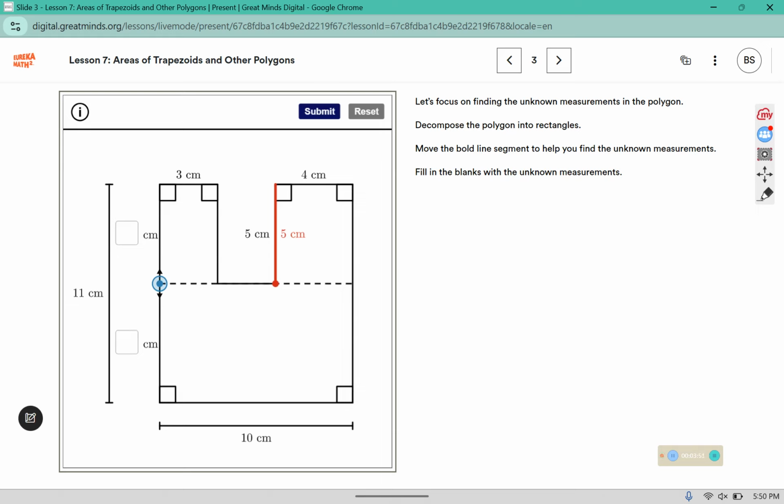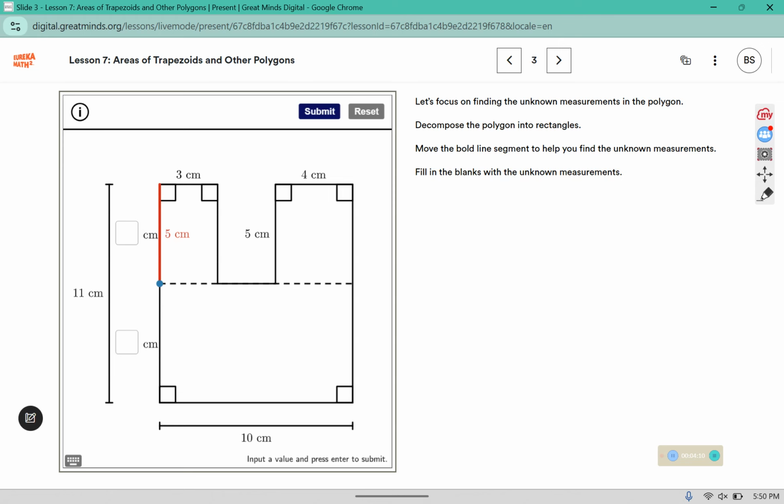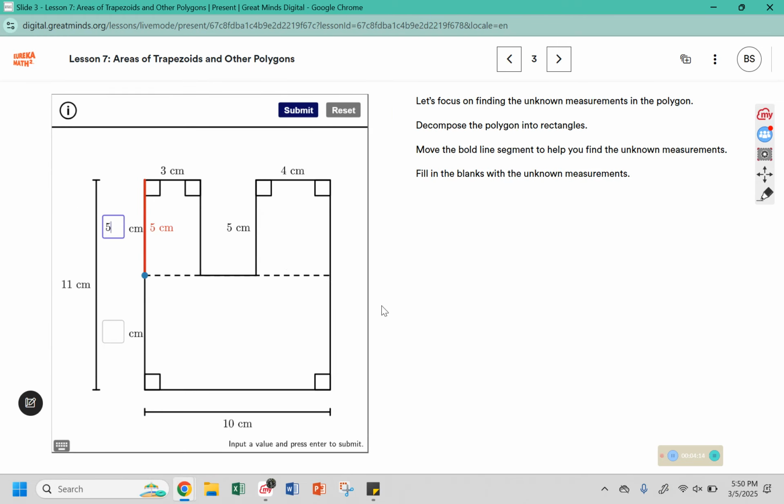Move the bold line segment to help you find the unknown measurements. Fill in the blanks with the unknown measurements. So if this piece is 5, that piece is 5, and this piece here would also be 5. And then we'll hit submit.